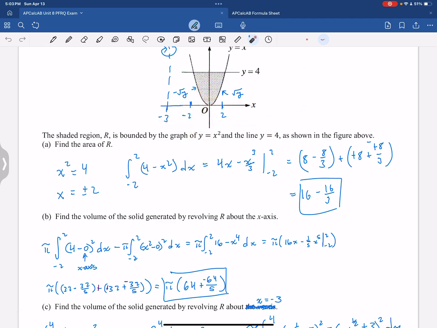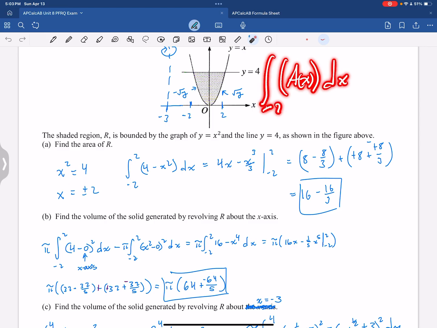Okay, so we don't have to subtract the axis of revolution for this problem because our axis of revolution is simply y equals 0. So to find the volume of the solid that's generated when I revolve this curve around the x-axis, I would have to take the areas of each circle and add them up.